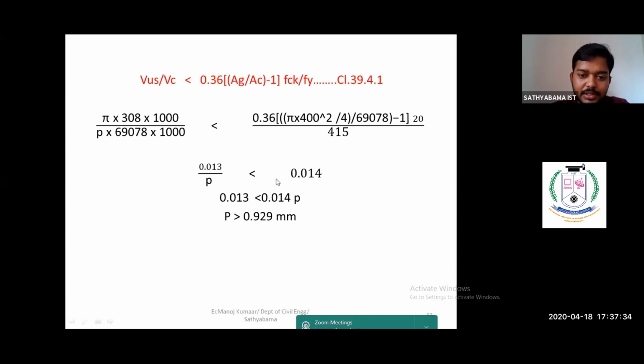Simplify this, and you will be getting a very small value here since the load on the column is very small. That is, the value of p should be greater than 0.929 mm as per the load calculations.